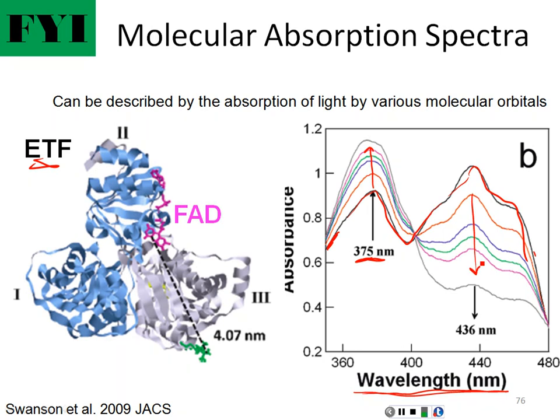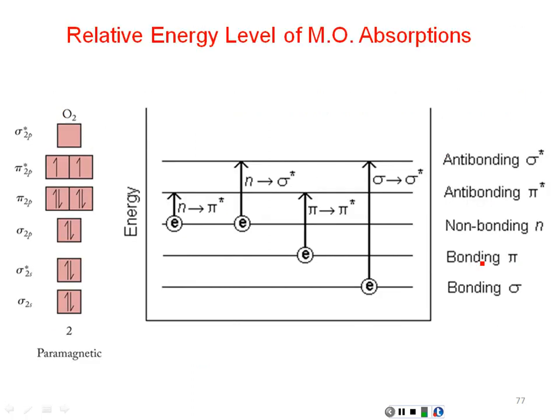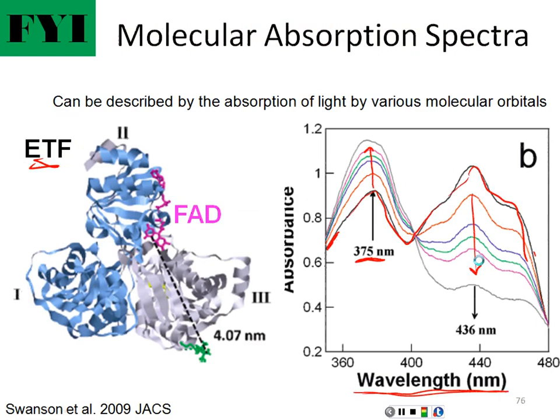And why is that? It's because by adding that electron, it goes into the LUMO, the lowest unoccupied molecular orbital, and thus you're changing the energy levels that are available for an absorption.